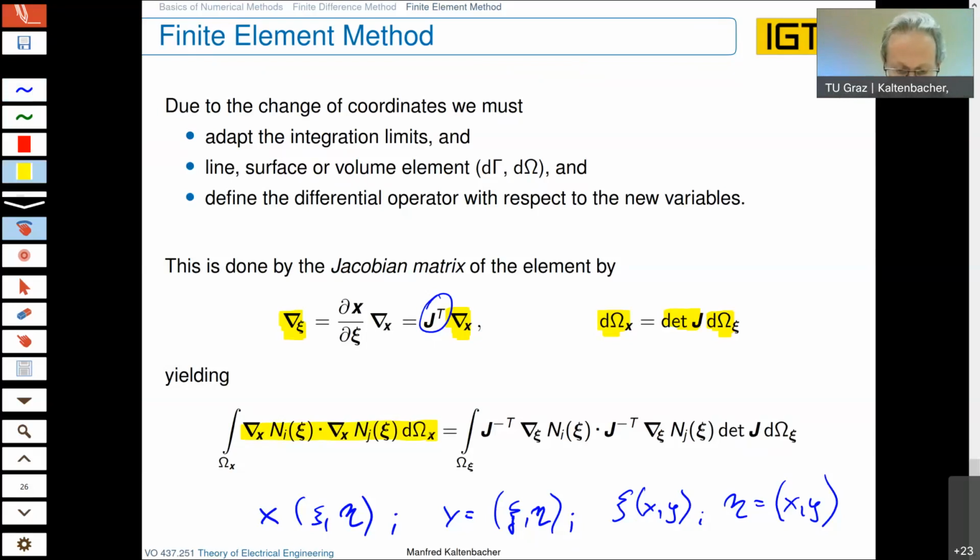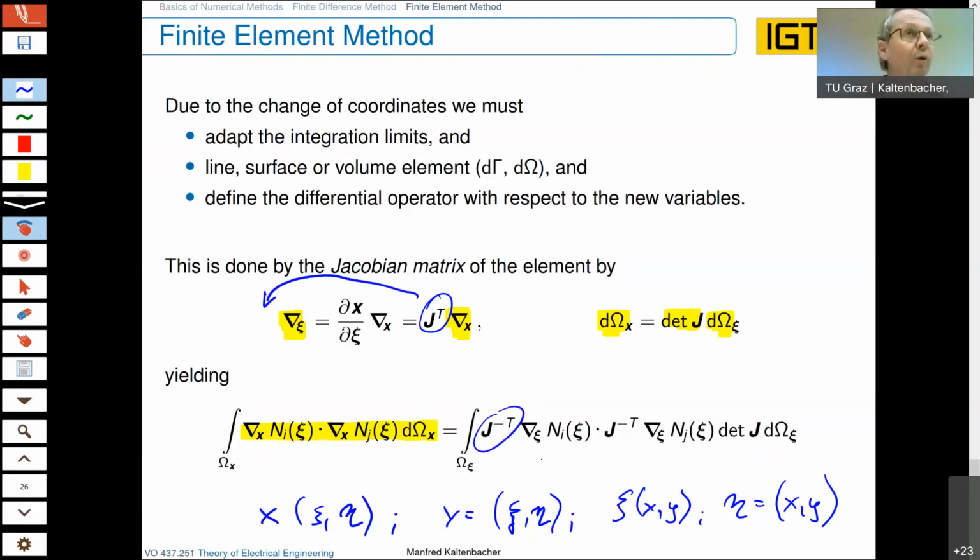But now we do the transformation, and as we have seen, instead of using the gradient with respect to the physical space x, y, z, we use it by the Jacobian, yeah, because we just have to bring this Jacobian on this side, yeah, and then it would be the transpose and taking the inverse as you have it exactly here.